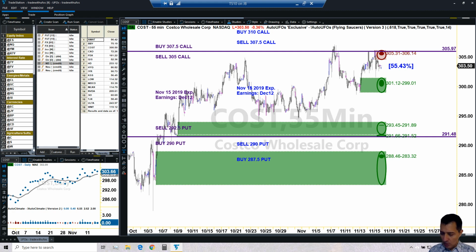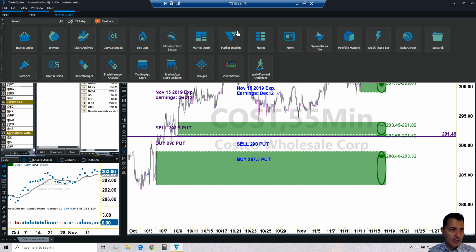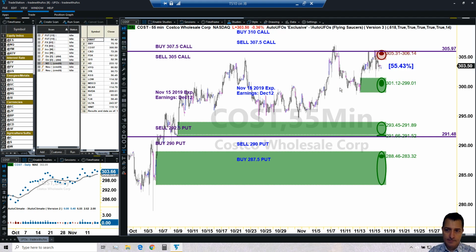So I am just loading TOS on my end, and in parallel, I will also be loading OptionStation Pro. Okay. Here we go. So I got a couple of things loading as we speak. Okay. Yeah, TOS was doing an update, but it's done now, so it's loading now.